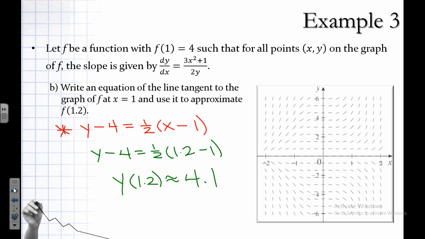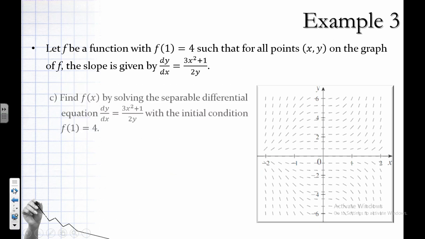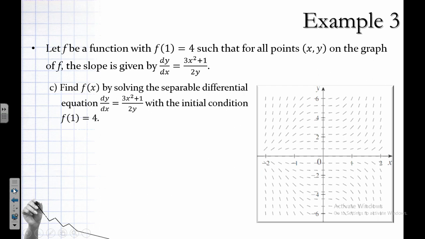All right. Now this is where it gets good. What do you think I'm going to ask us to do next? Solve the differential equation. Show the separation of variables. Okay. So separation of variables. This is very similar to the first one, right?